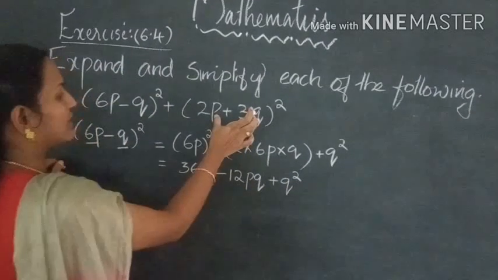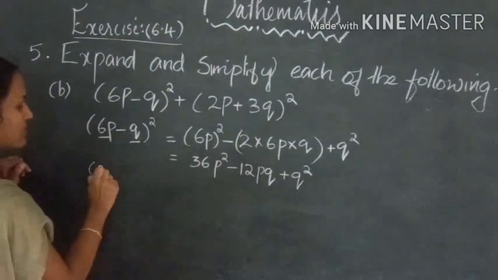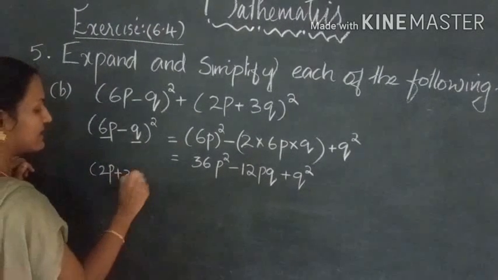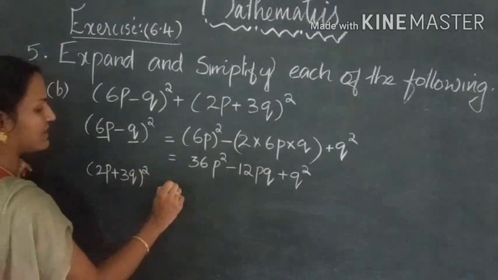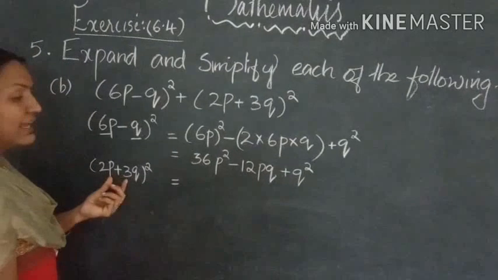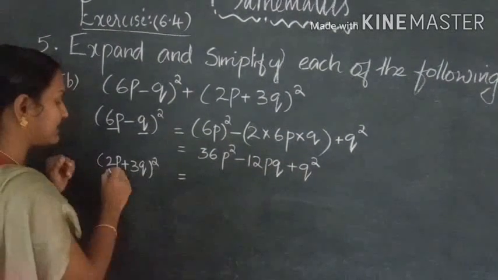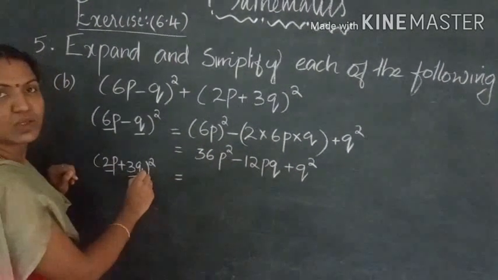Let's expand (2p plus 3q) the whole square. Now it is of the form (a plus b) the whole square. Okay, so a is equal to 2p and b is equal to 3q.